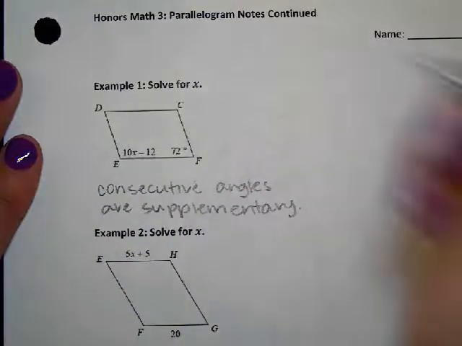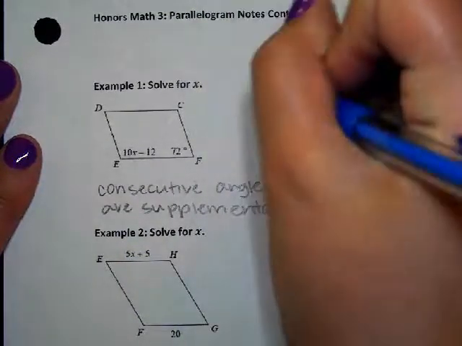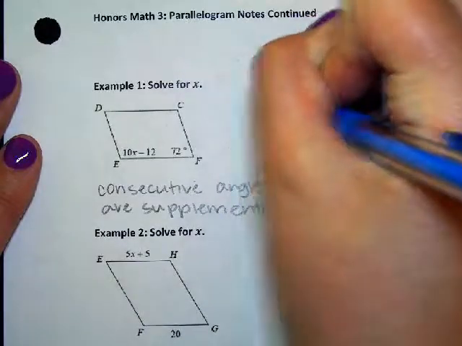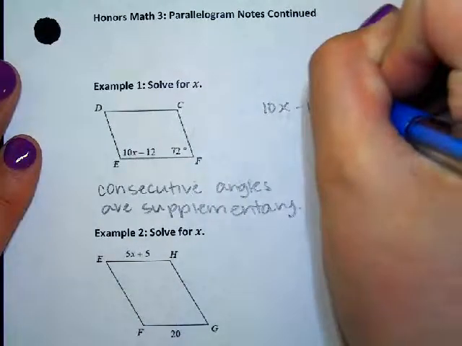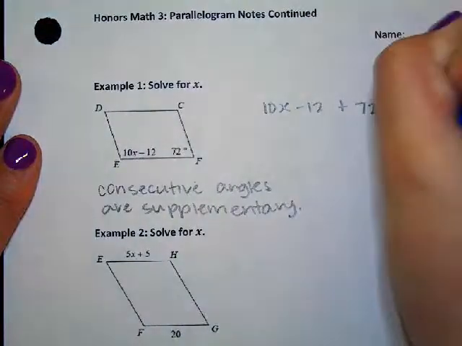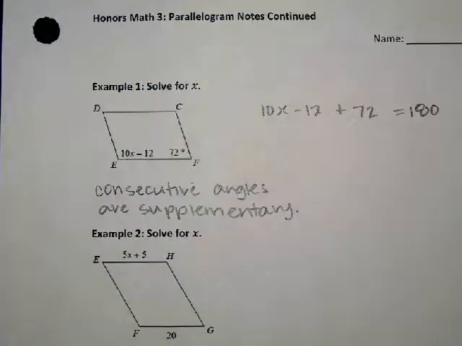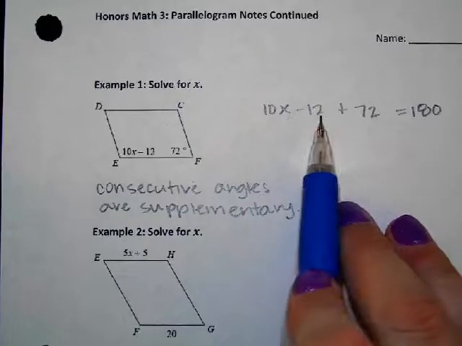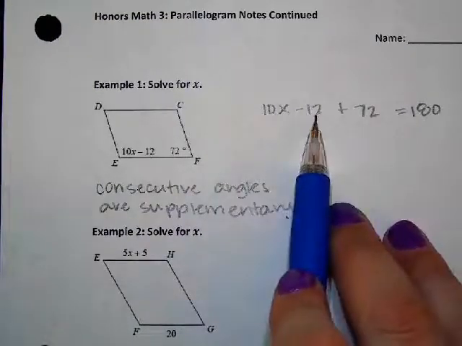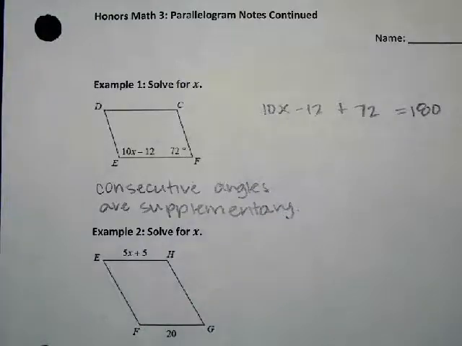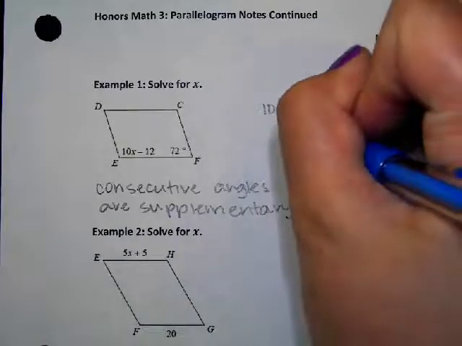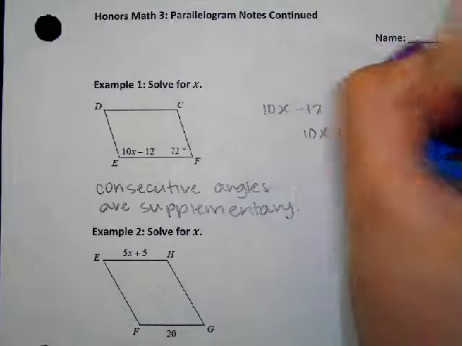That's what that means. So we're going to say 10x minus 12 plus 72 equals 180 degrees. Consecutive angles are supplementary. So we can go ahead and combine like terms. Negative 12 and positive 72 is 60.